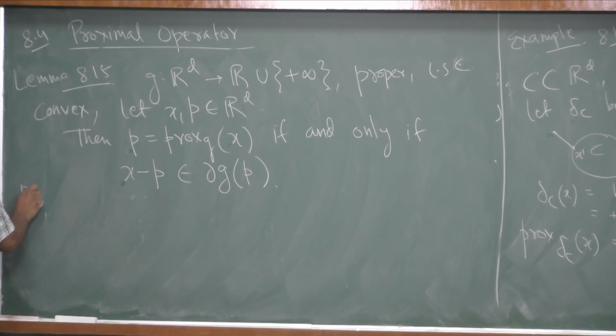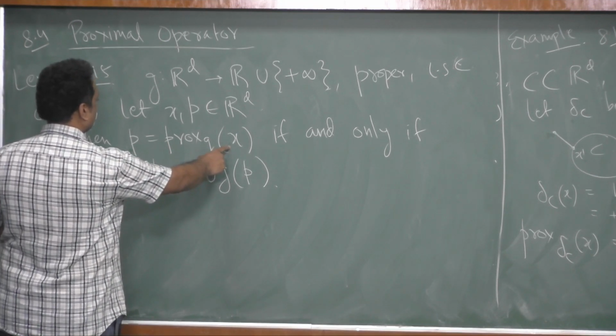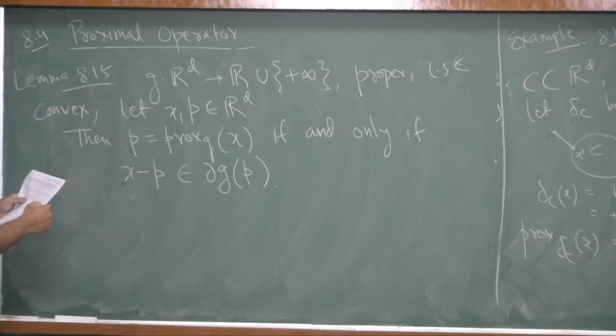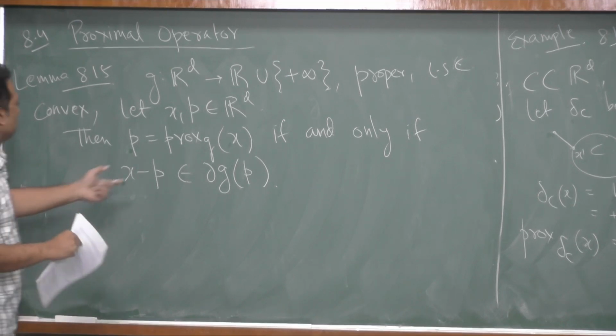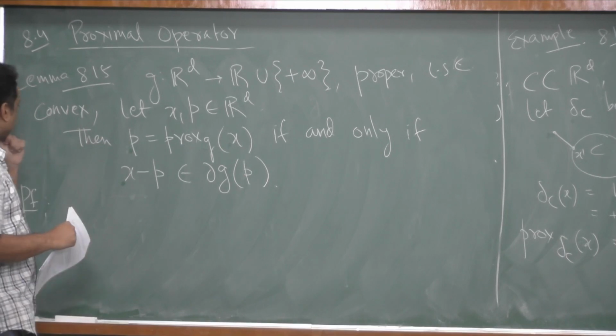So if p is in the proximal of g at x, then this means that it has solved that argmin problem, right? Because computing the proximal is an argmin problem. So this means p is the minimizer of that argmin.